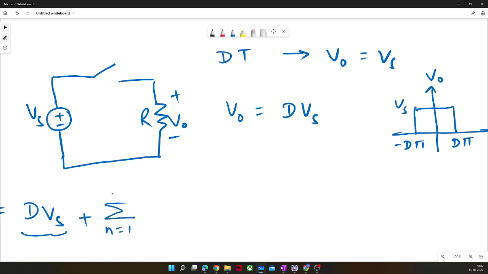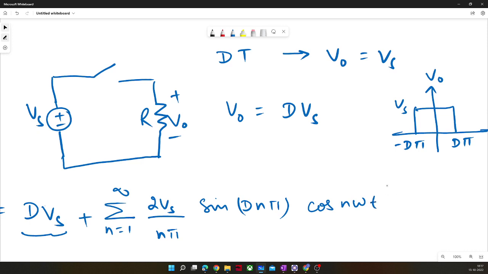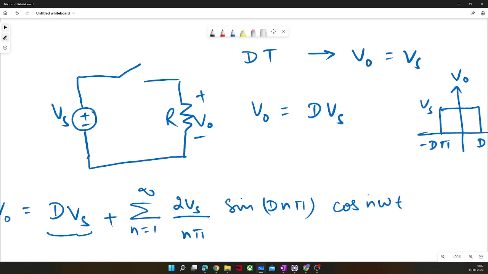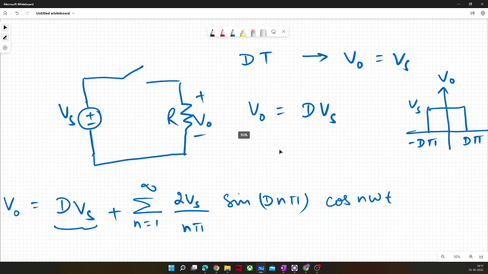From n is equal to 1 to infinity, we had calculated 2Vs by n pi, sine d n pi, cos n omega t. So this is the complete waveform of your output voltage.